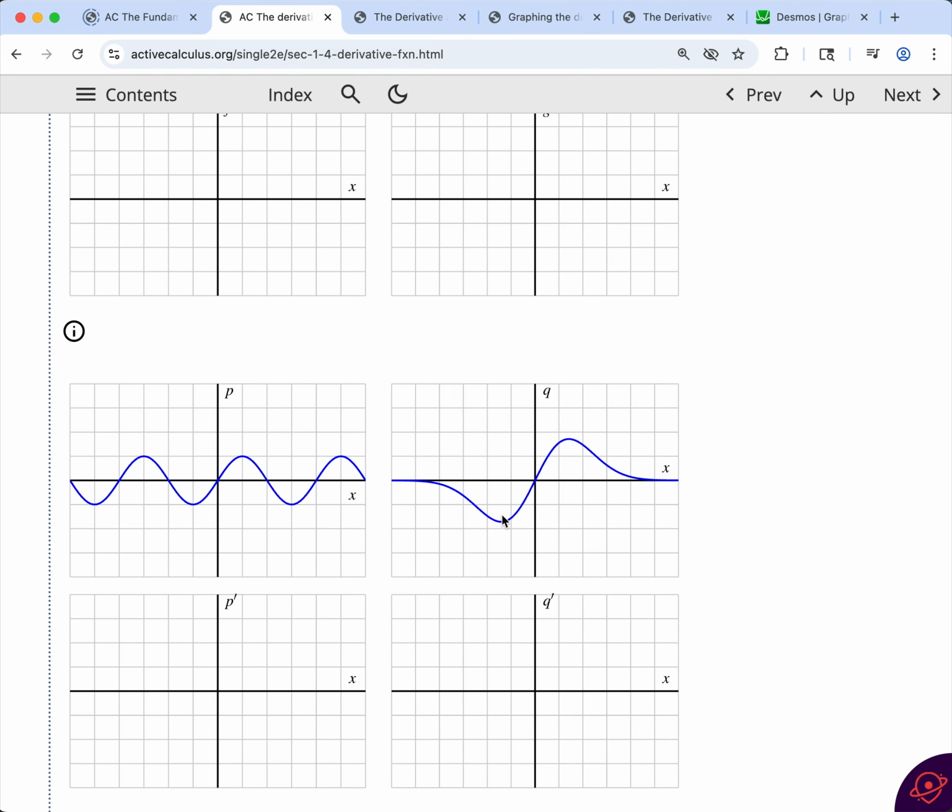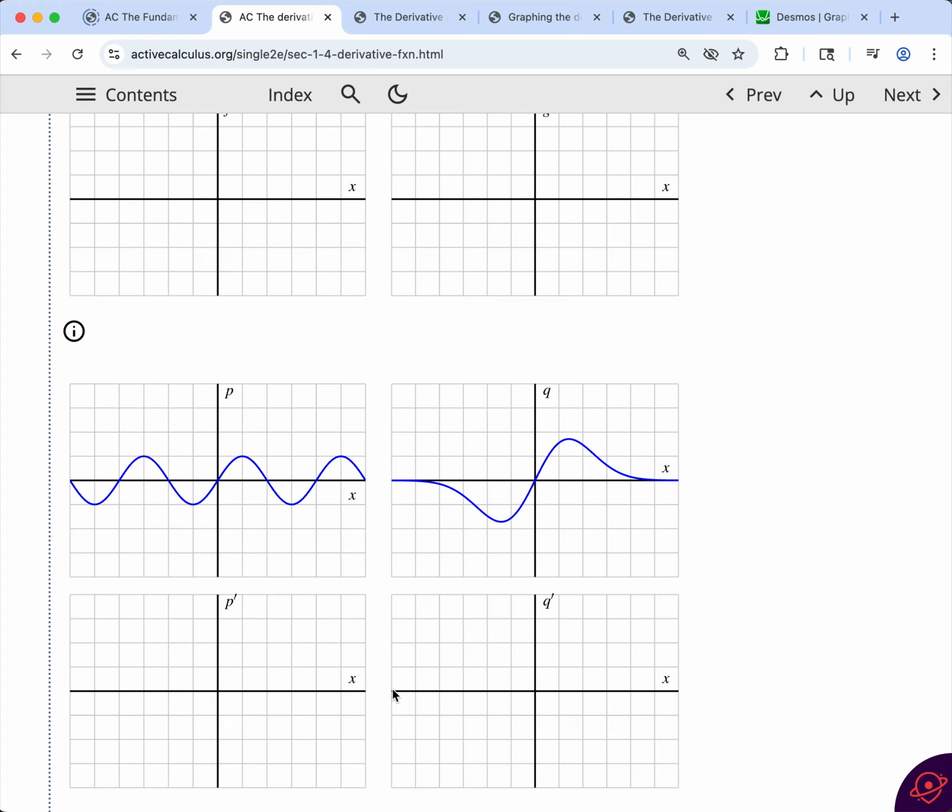So what's the slope equation look like for this? Well, this slope is pretty close to 0, going to negative, to 0, going to positive 3 or 4 or something, back to 0, and then to negative, and back to 0.